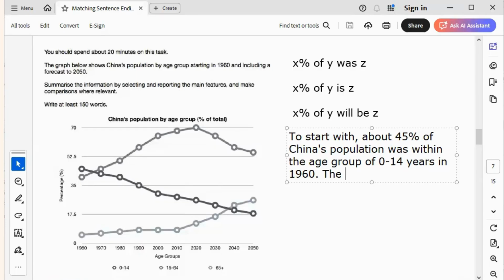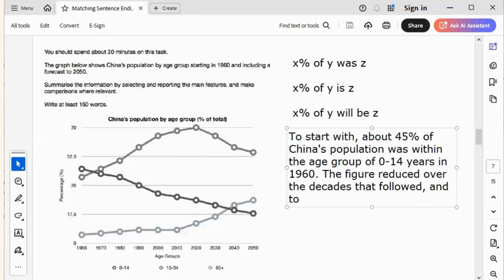So I will say that the figure reduced over the decades. You see, it's decades. Why is it decades? 1960, 10 years later, 1970, 10 years later, 1980. That's decades. Instead of saying years, that's part of vocabulary. The figure reduced over the decades that followed.